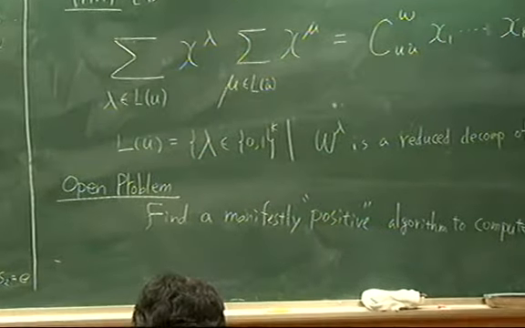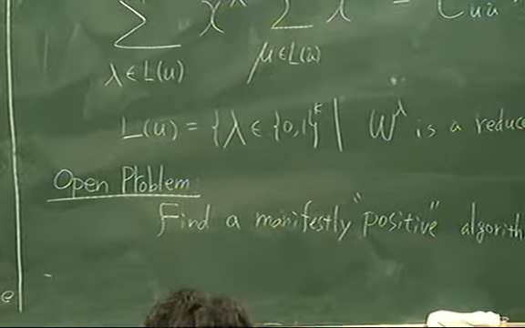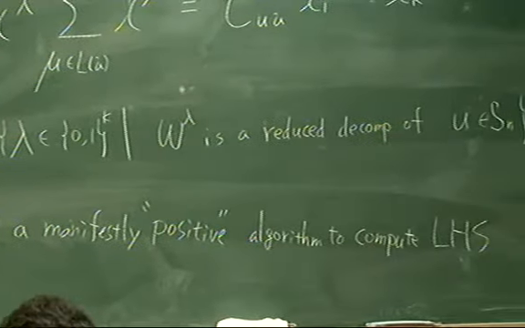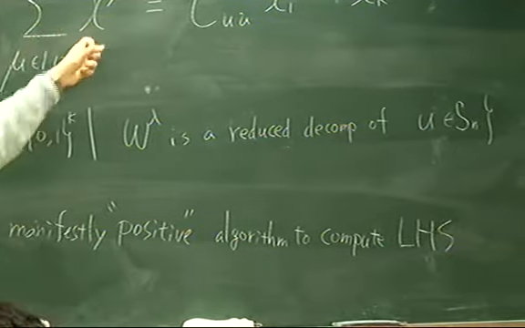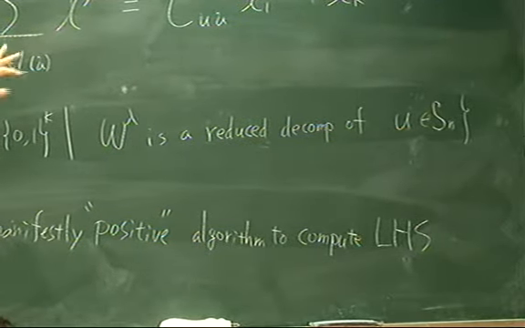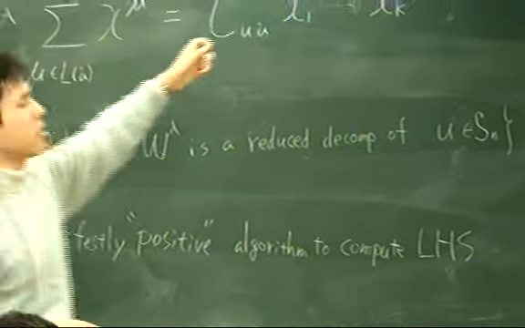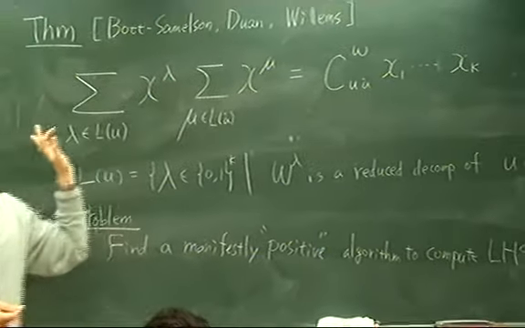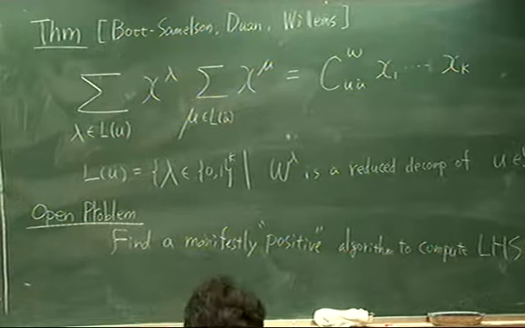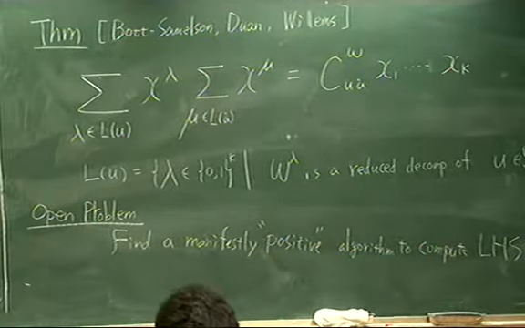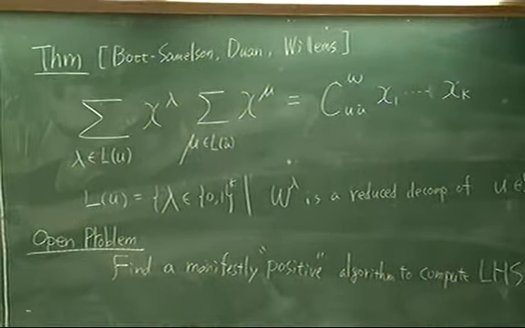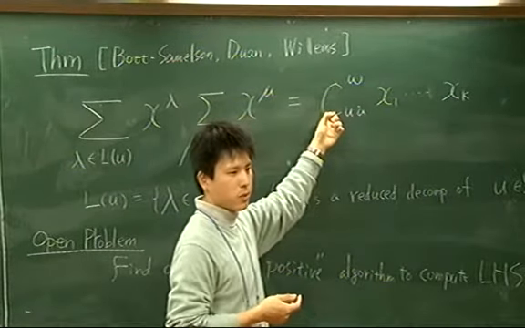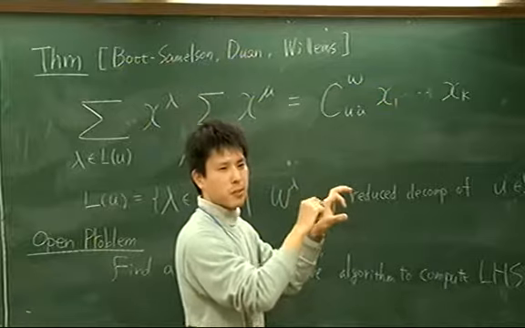Manifestly positive means: can you prove this product is always positive from the computation in the Bott tower? This number should be positive because this corresponds to a structure constant or tensor multiplicity.